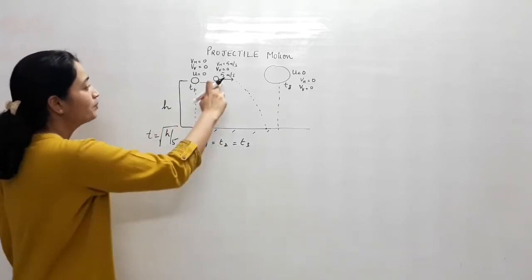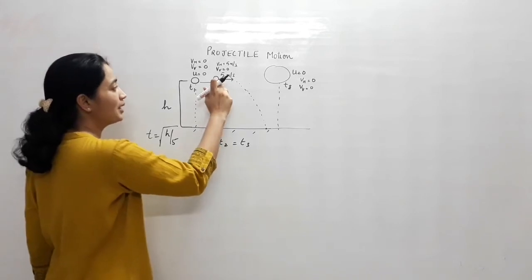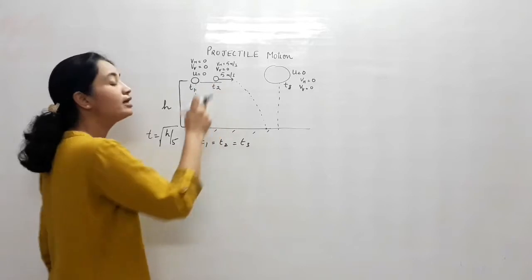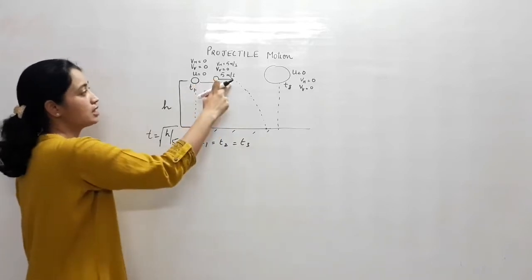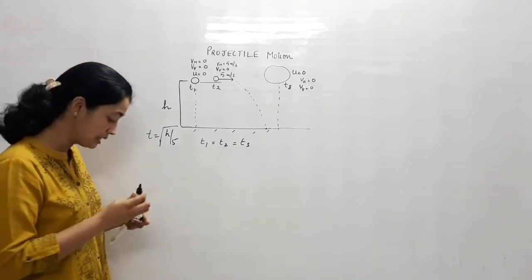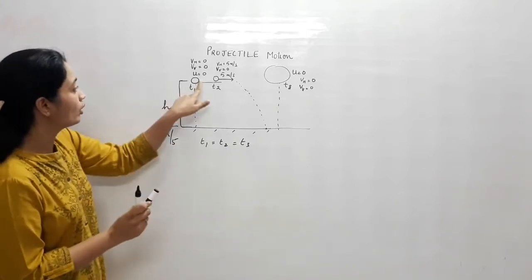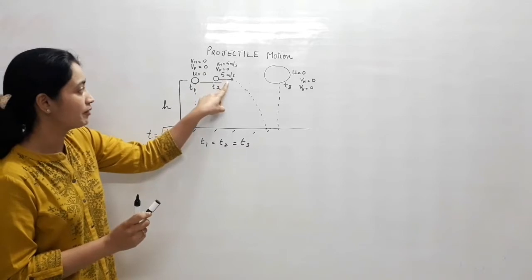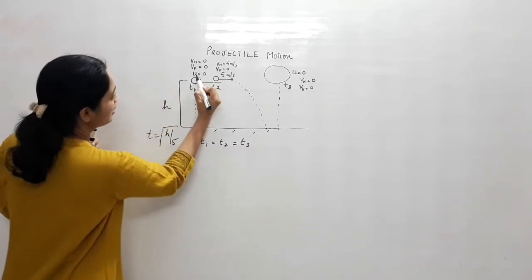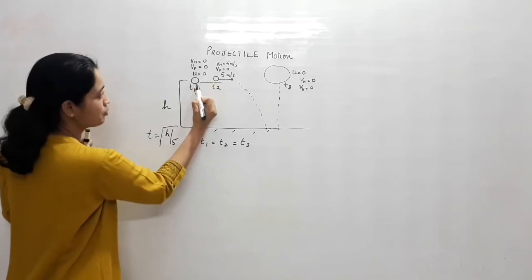Now you may argue, why ma'am, this particular body is being given some horizontal velocity of 5 meters per second, whereas the other has 0 velocity, so why will it take the same time? Yes, let me clarify. What is the velocity in the vertical direction for the first body?